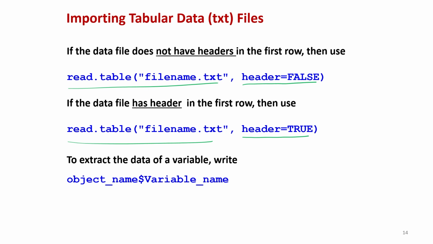And similarly, if you want to extract the information or data on any particular variable, the rule will remain the same: you write the object name, then dollar, and then the name of the variable, right? So this rule will be there in almost all the files which we are going to consider here.